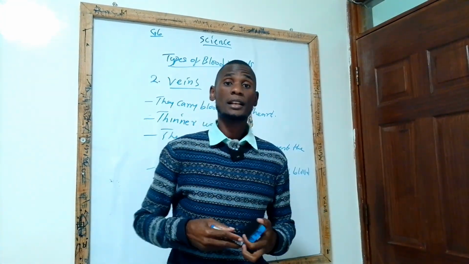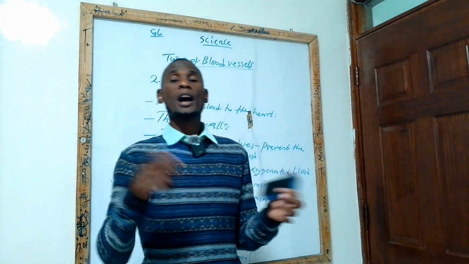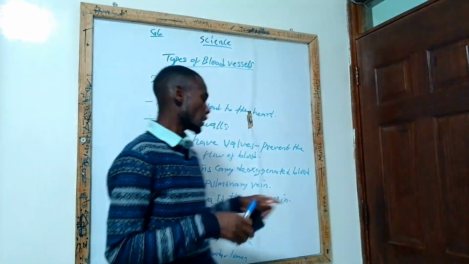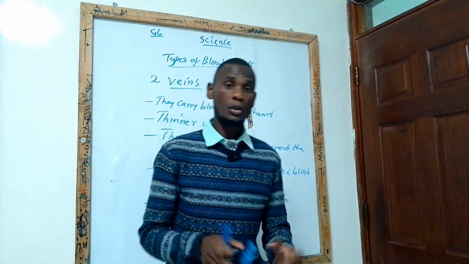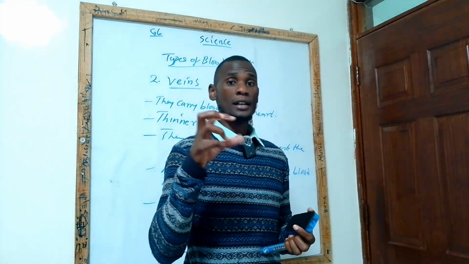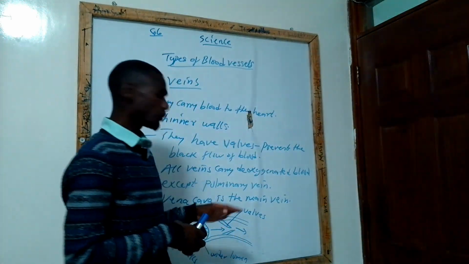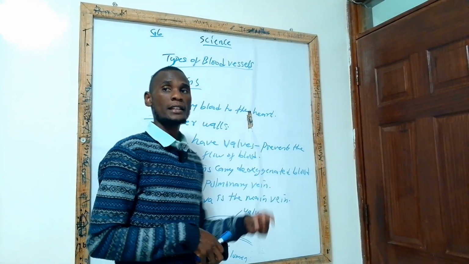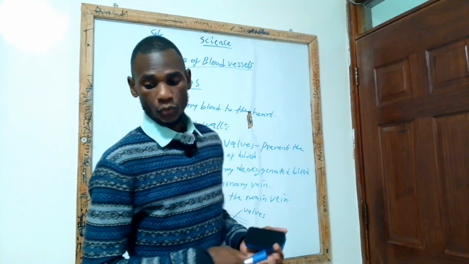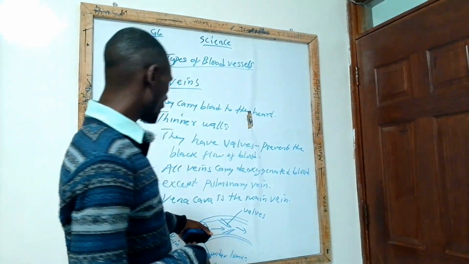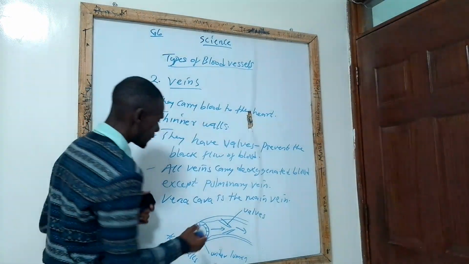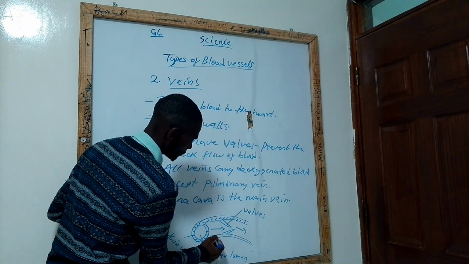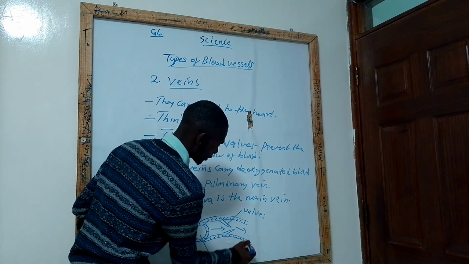Get that very clear, because one day you will be asked how many places in the human body we find valves. Valves are only found in veins and in the heart. Even the heart has valves. So that is the structure of the vein. This is the thin wall.